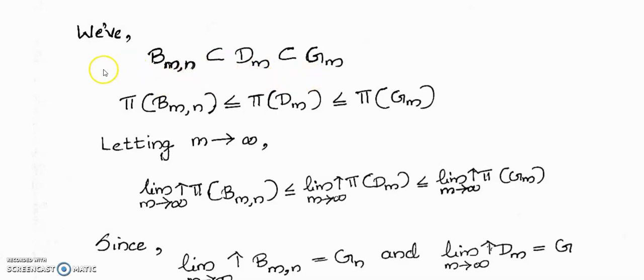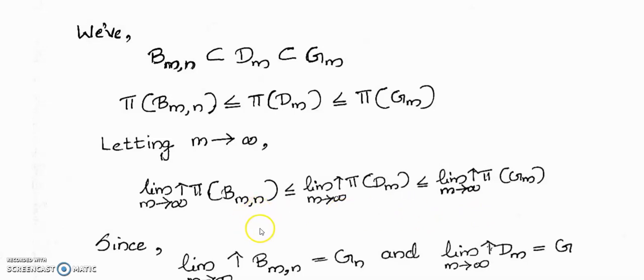Since pi is monotone, we have pi of Bmn less than or equal to pi of Dm, which is less than or equal to pi of Gm. Now letting m tend to infinity, we get limit m tends to infinity pi of Bmn less than or equal to limit m tends to infinity pi of Dm less than or equal to limit m tends to infinity pi of Gm.